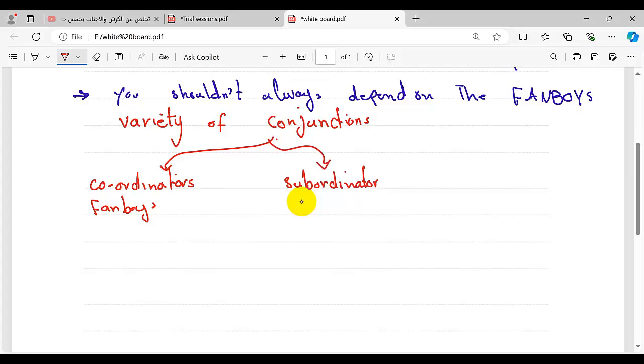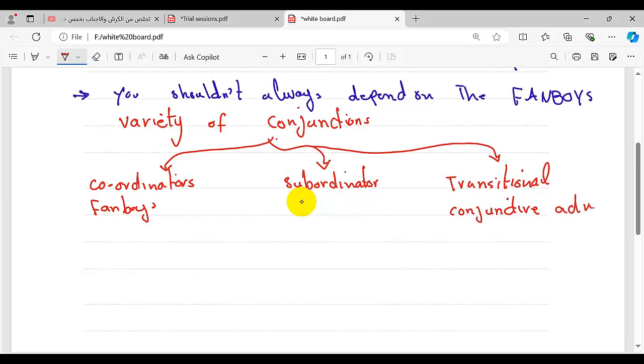And the third kind is transitional or conjunctive adverbs. So be aware of those 3 different kinds of conjunctions.